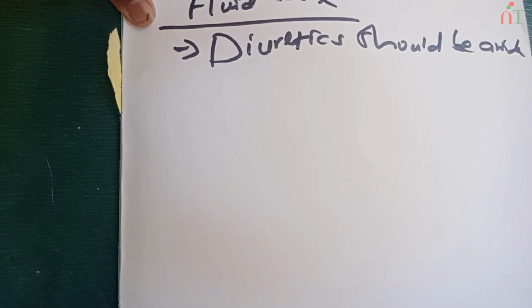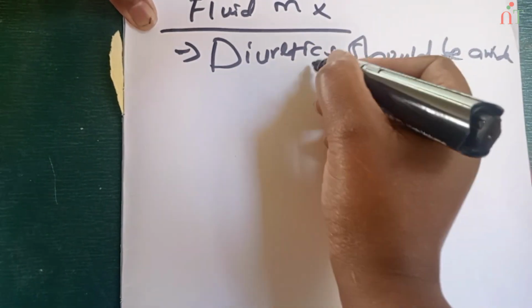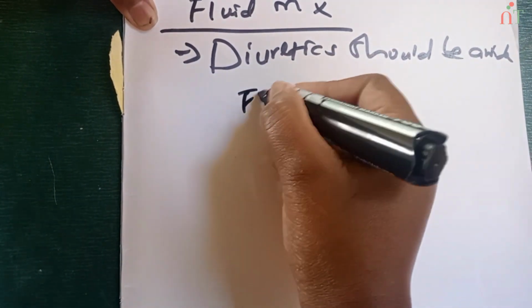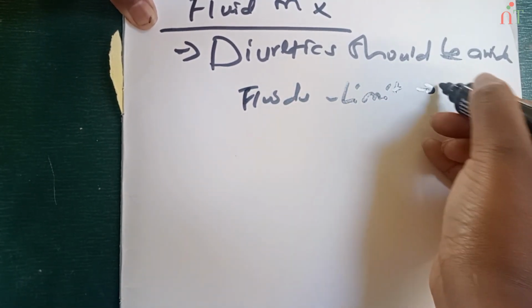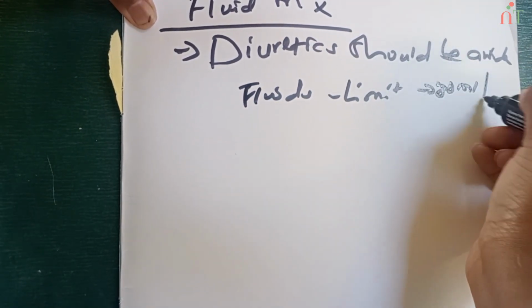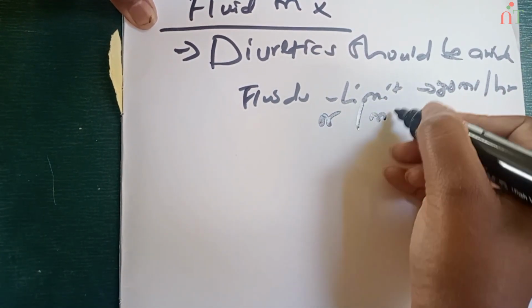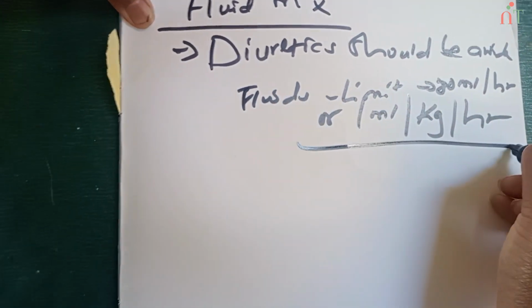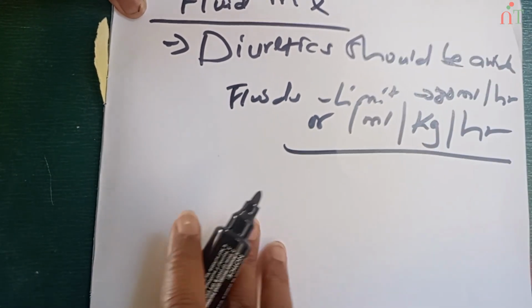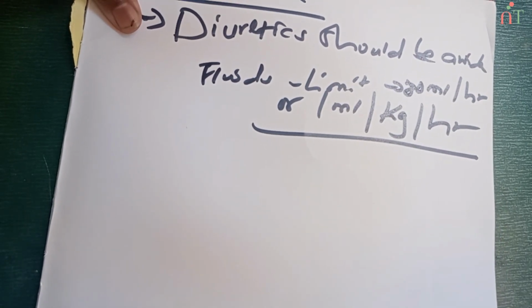So make sure that you limit fluids to 80 ml per hour, or 1 ml per kg per hour. Please don't overload them with fluids because that could cause pulmonary edema, and that is very important for you to know.